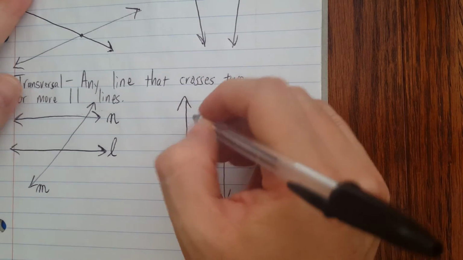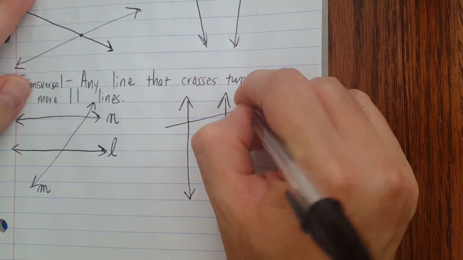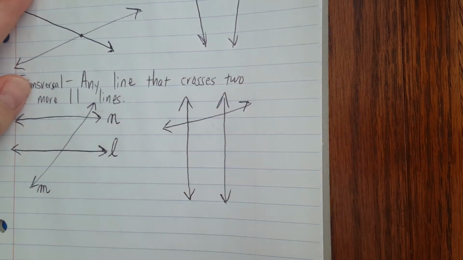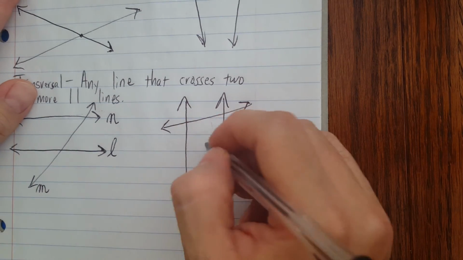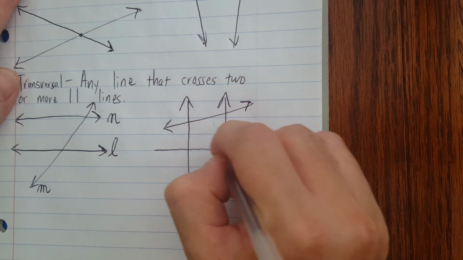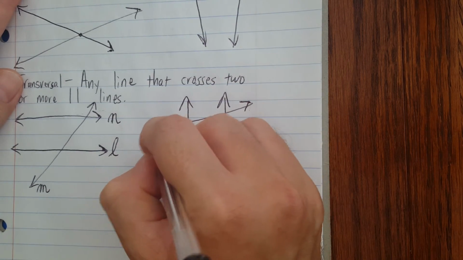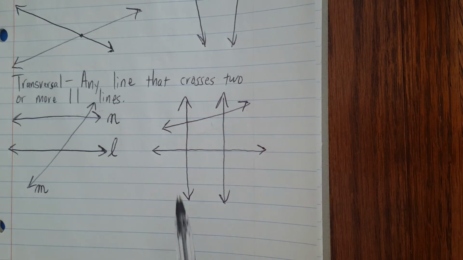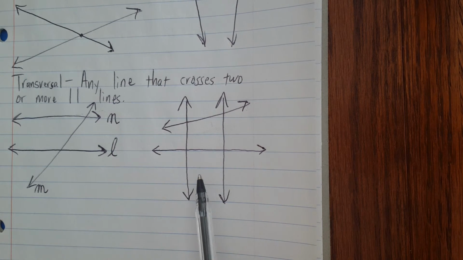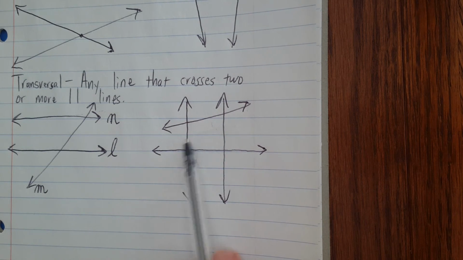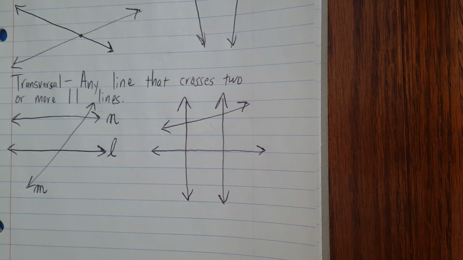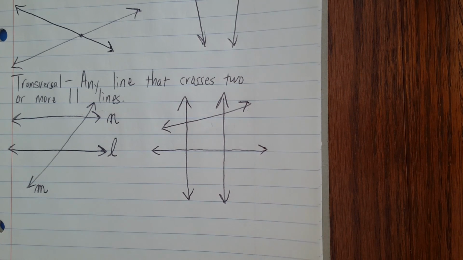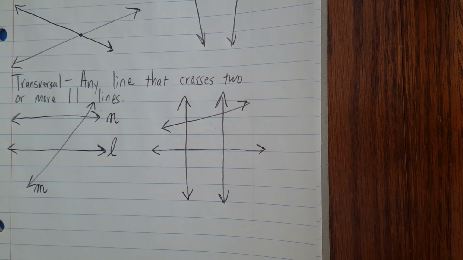And I could have a transversal going through here like that. This line right here would definitely qualify as a transversal. And you could even have more than one transversal going through here like this. So there's a lot of different ways that you could represent these two lines are parallel. They're cut by this transversal. Also, this would be another transversal that cuts into this set of parallel lines. Hope this helps. Thank you for watching.